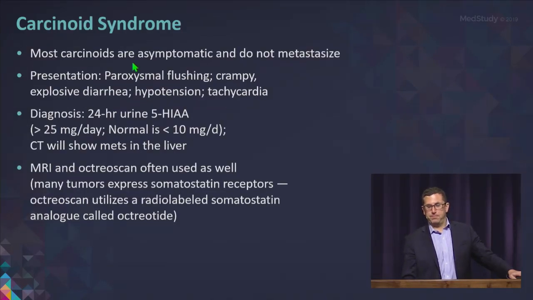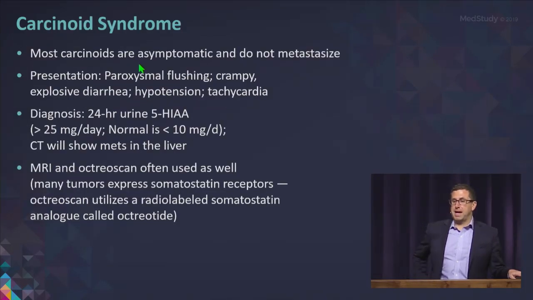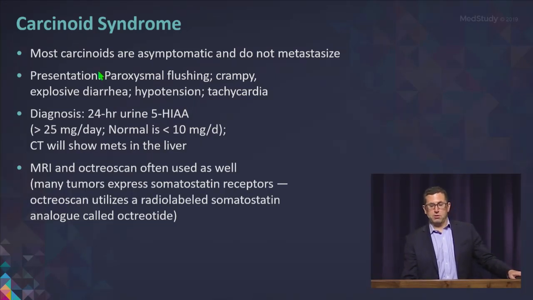So carcinoid syndrome. Most carcinoids are asymptomatic and do not metastasize, fortunately. But if they do, and you have carcinoid syndrome, some of the symptoms would be explosive diarrhea, flushing, crampy abdominal pain, hypotension, and tachycardia. The way to do this is to order a 24-hour urine 5-HIAA, and you could also order a CT scan, which may show metastases in the liver.